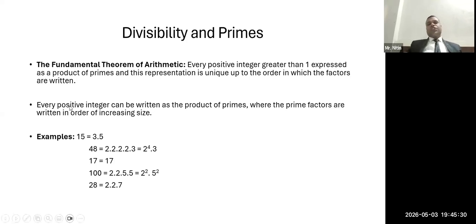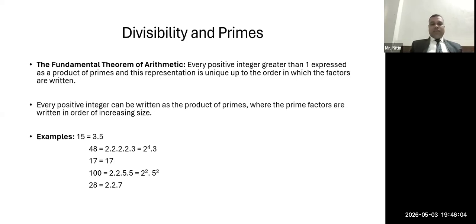So as per this definition, the fundamental theorem of arithmetic says every positive integer greater than 1, and yes, 15 is greater than 1, can be expressed as a product of prime numbers, and this representation is unique up to the order in which the factors are written. With the second definition, we will get clarity on this fundamental theorem of arithmetic.